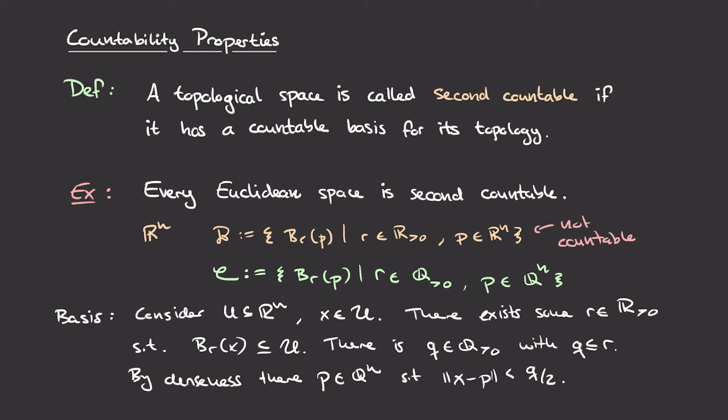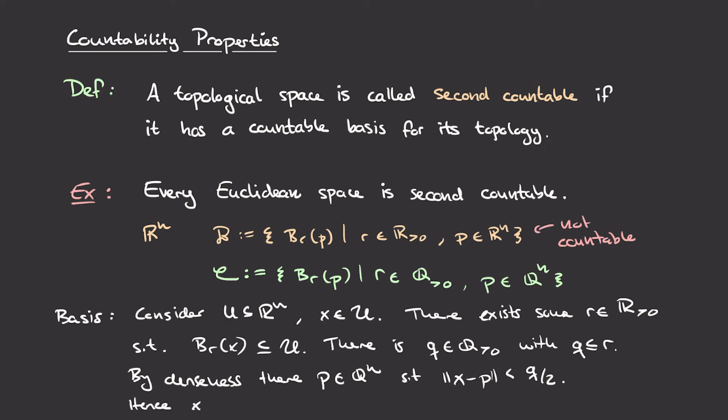So in summary, we've started with some arbitrary point x in U, which can have real coordinates, and we found an open ball of radius r around that point, which lies within U, and this radius r is also a positive real value. And now we found a rational radius q, which is less than or equal to this radius r, and also some point P with rational coordinates that has distance from x strictly less than q/2.